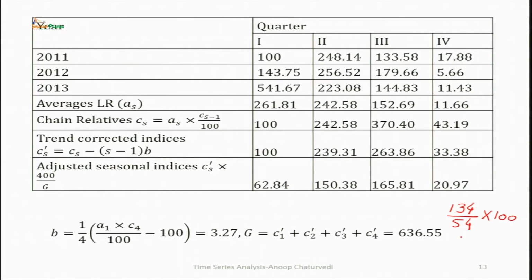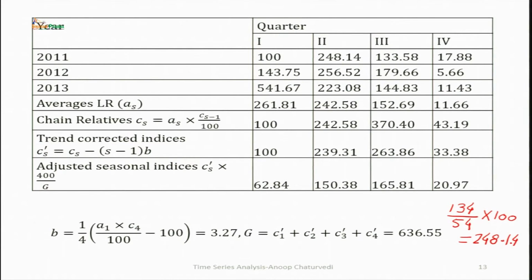So, this finally gives you 248.14. Similarly, you can obtain the other link relatives. So, this table actually shows the link relatives calculated using the formula for linked relatives. Then we take averages.